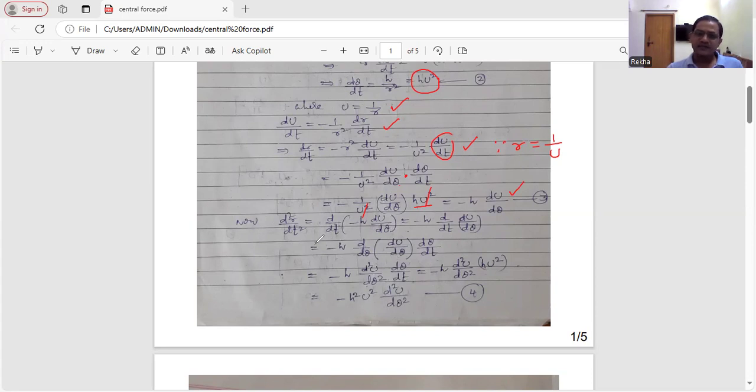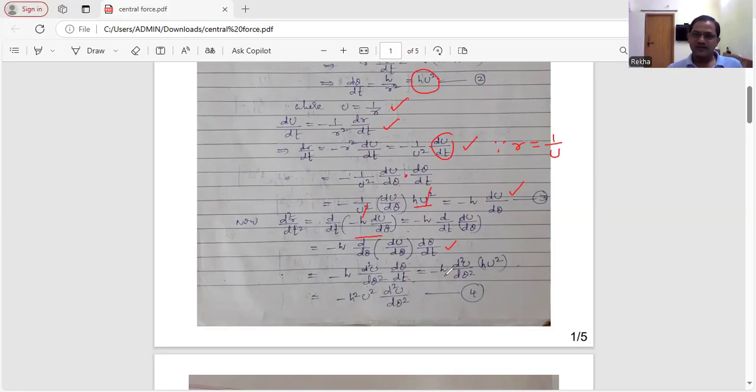Again differentiating this with respect to time, on the left hand side we get d square r by dt square, that equals d by dt of minus h du by d theta, equals minus h d by dt of du by d theta. Rearranging this expression, we get minus h d by d theta of du by d theta into d theta by dt, that equals minus h d square u by d theta square into d theta by dt.